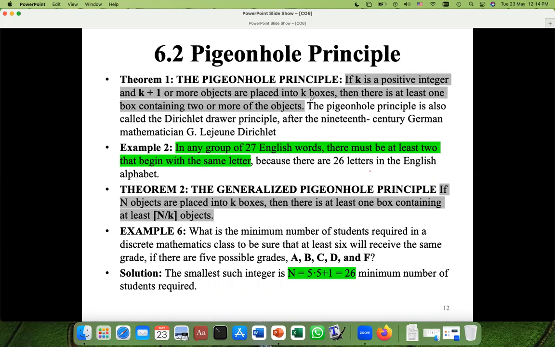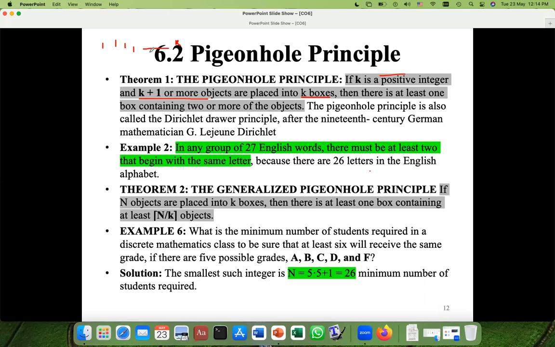It says that if you have k boxes, and you have to place k plus 1 or more objects into these k boxes, where k is a positive integer, then you can place one object in each box until you have used the k boxes.